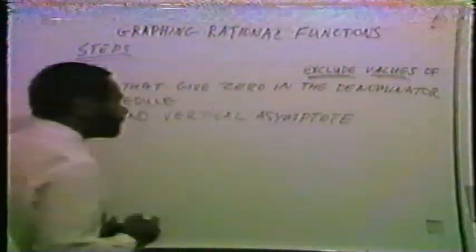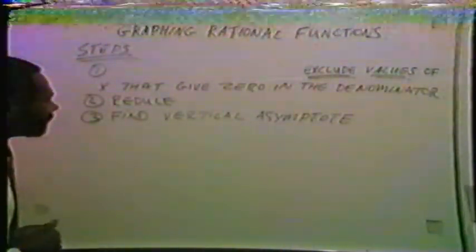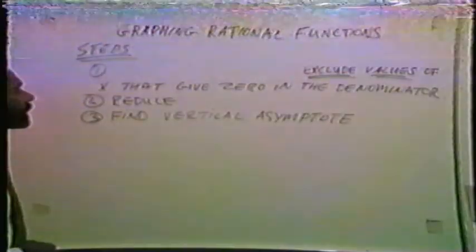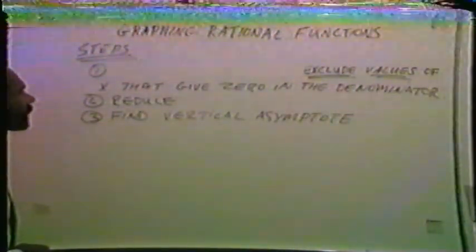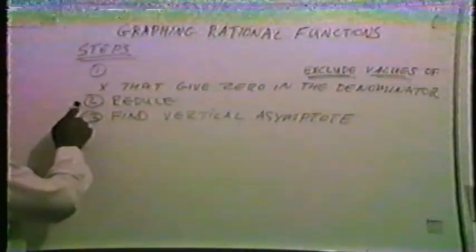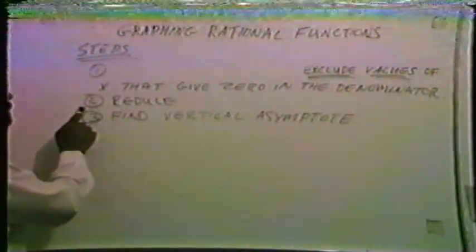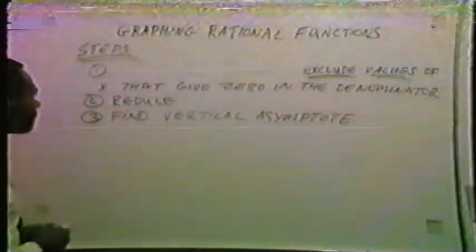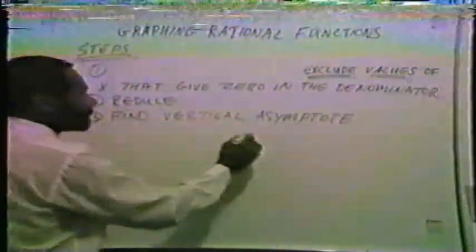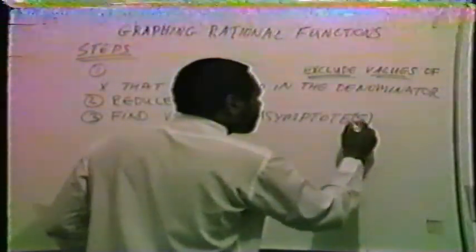And the vertical asymptotes are x equals any number that will give you 0 in your denominator after the rational expression is reduced. That's what we have for the vertical asymptote. Find the vertical asymptote(s). We put an s in parentheses.